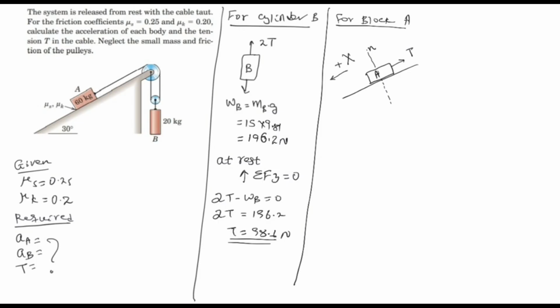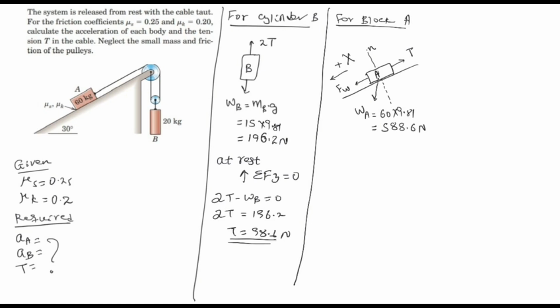And due to the weight of the object, it will have the effect of the weight in the lower direction. Let's call this one weight force, and we know that the weight is in the vertical downward direction. This is the weight of block A, which is equal to 60 kg times 9.81, and it will become 588.6 Newton.